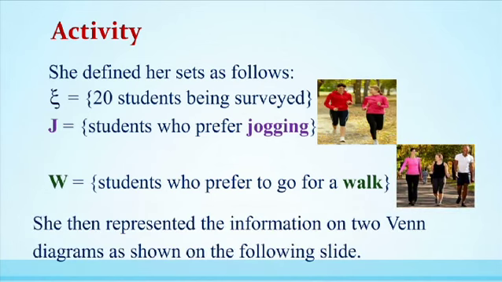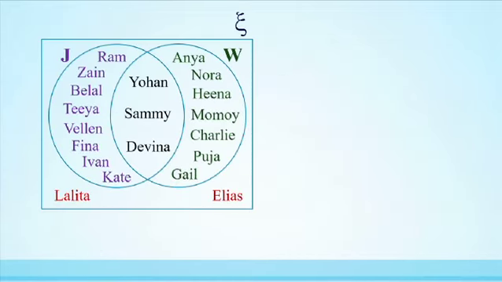She then represented the information on two Venn diagrams as shown on the following slide. The first Venn diagram represents the elements in each region. That is, in the set J, we have Ram, Zain, Bilal, Tia, Velen, Fina, Aidan, Kate, Yohan, Sami, and Devina.